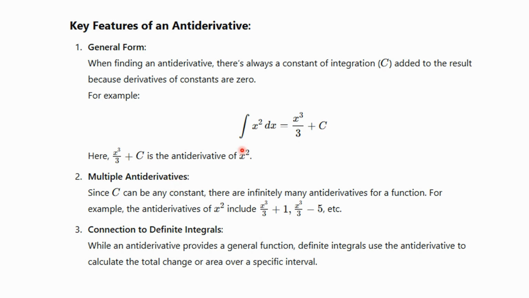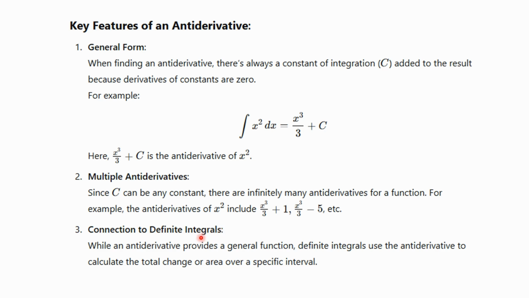And since c can be any constant, there's infinitely many antiderivatives for a function. For example, the antiderivatives of x squared include things like x cubed over 3 plus 1, x cubed over 3 minus 5, etc.